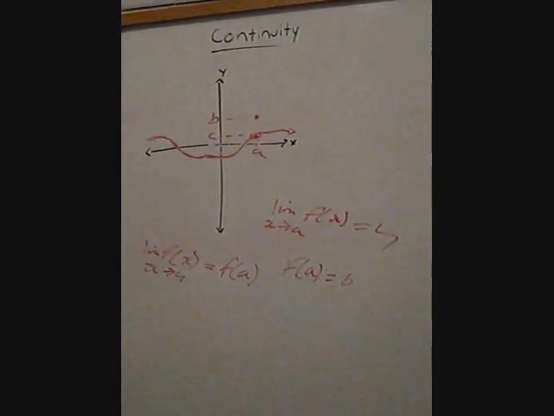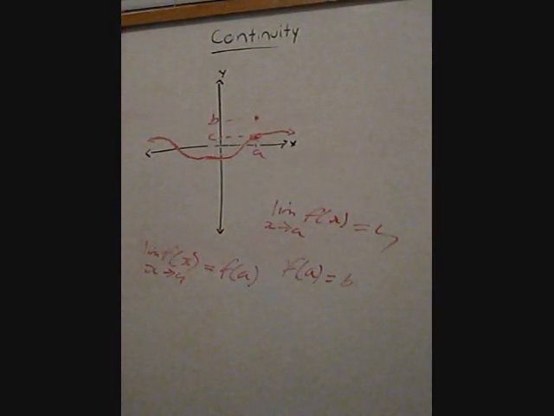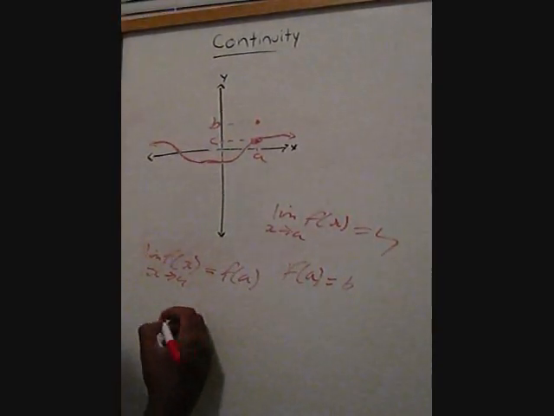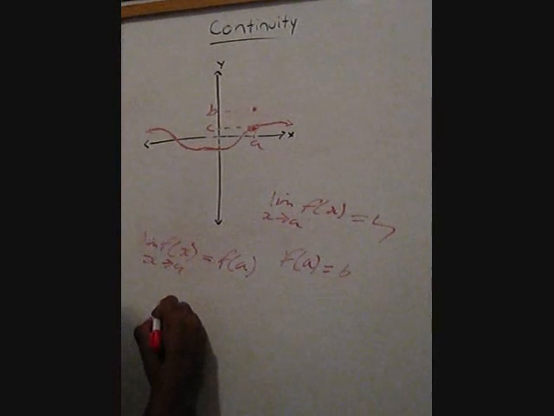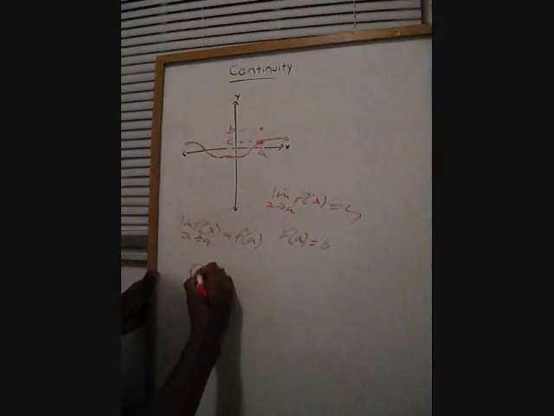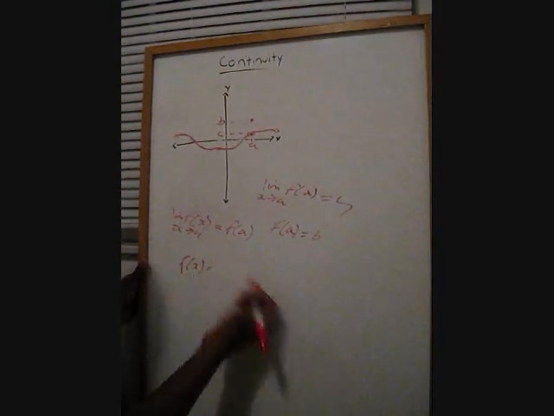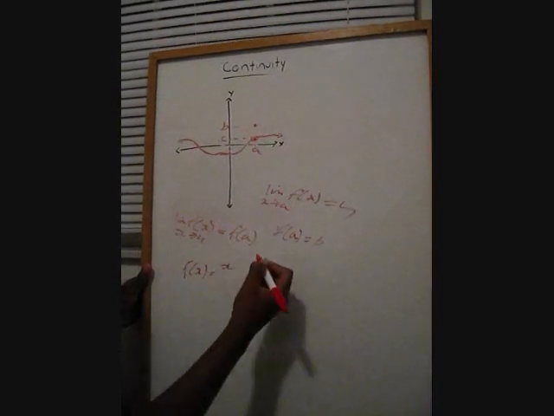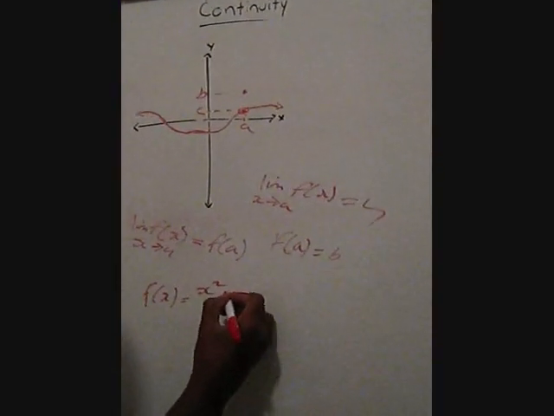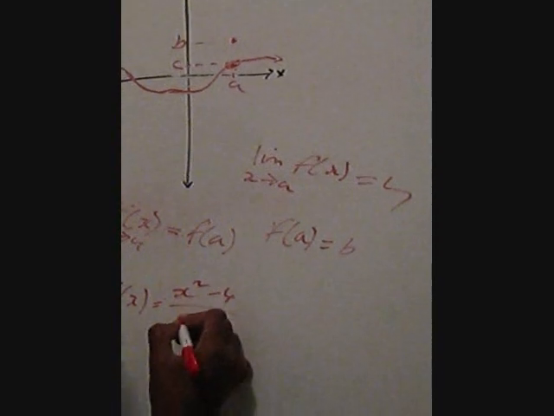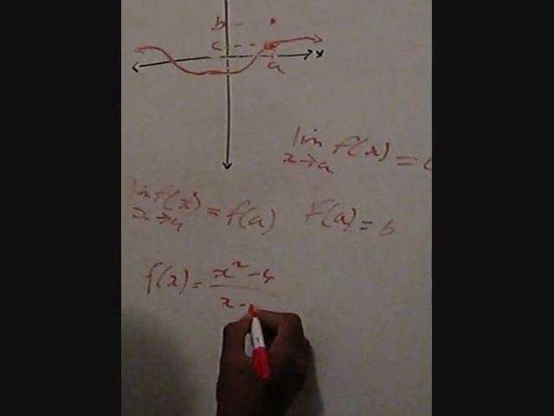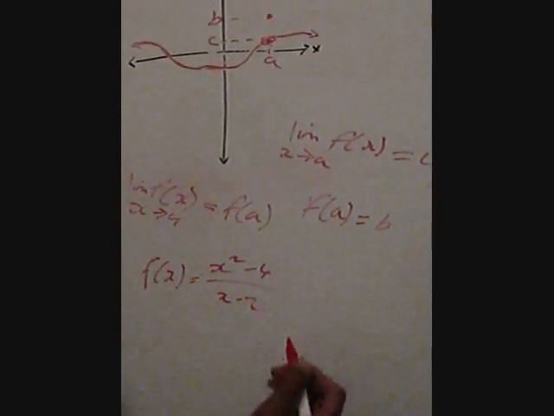This one is called a removable discontinuity, and a sample equation for a removable discontinuity would be, let's say, f(x) equals x squared minus 4 over x minus 2.